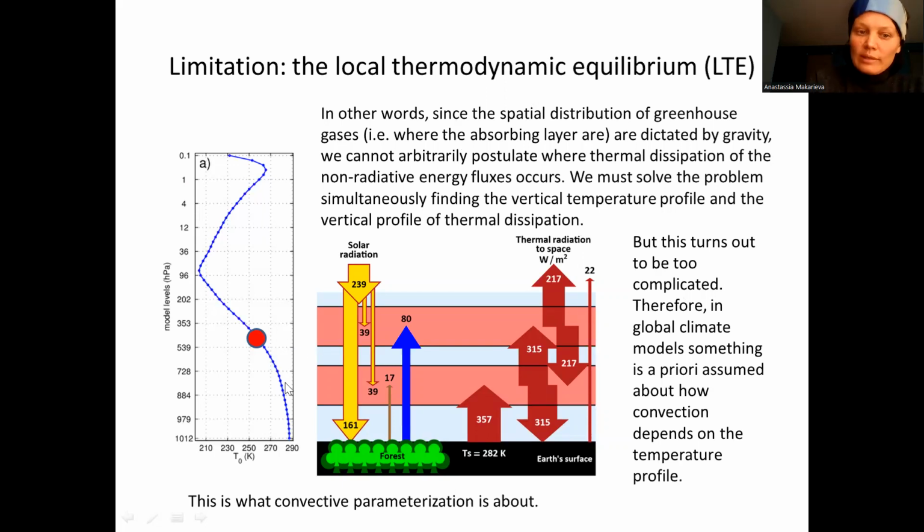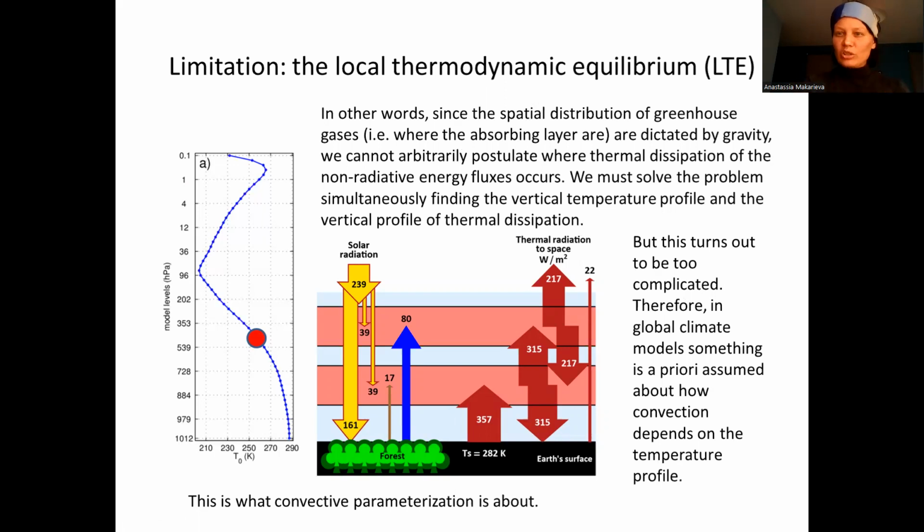And here you can see the actual mean profile of air temperature in the Earth's atmosphere. And here, from approximately 5 kilometers, is where the Earth radiates to space under this assumption.